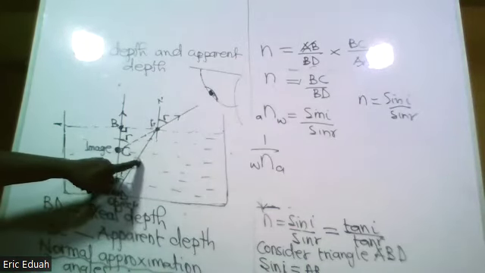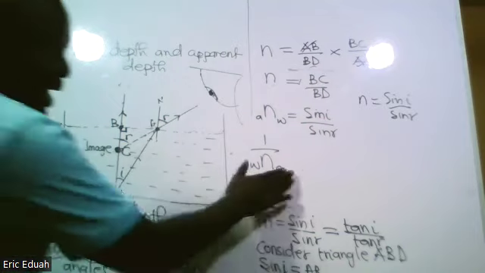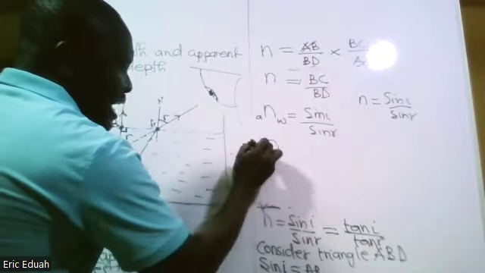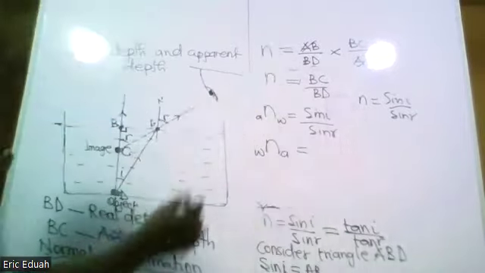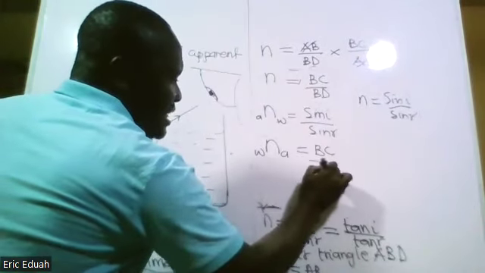Our refractive index, as we are considering, will be from water to air. So N from water to air is what we have had, which is BC over BD.